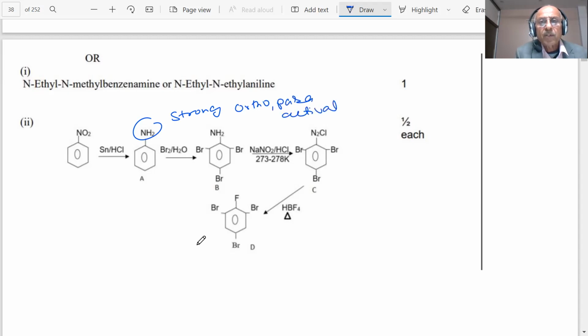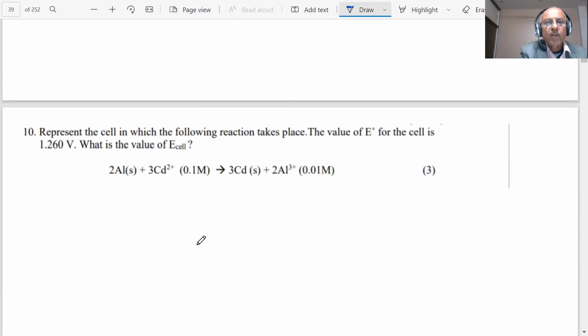You have studied all this because there is a lone pair of electrons, and what will happen? It will activate ortho and para position. And ethyl, this ethyl is wrong because it's not ethyl, it is methyl. So check, sometimes certain errors could be there.